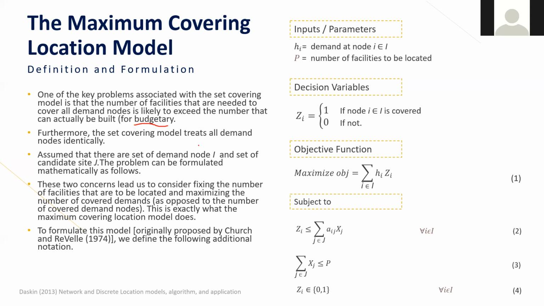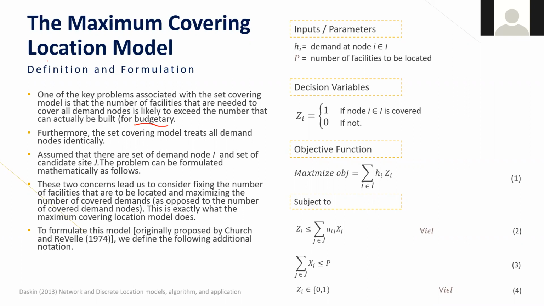So it comes out that you can only open a number of facilities, let's say one facility only or two facilities only, based on the initial findings. Based on budget, based on several things, you can open only one or two or a particular number of facilities. So in this case, you need to redefine the problem, right? Reformulate the set covering problem.